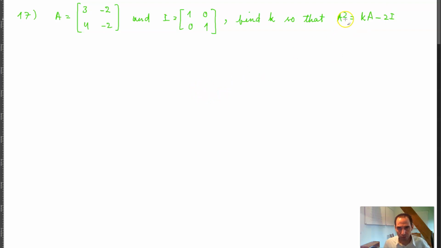Okay, so if A squared is equal to K times A minus 2 times I, that means that K times A is equal to, I can write over here that A squared plus 2I is equal to K times A minus 2I plus 2I.